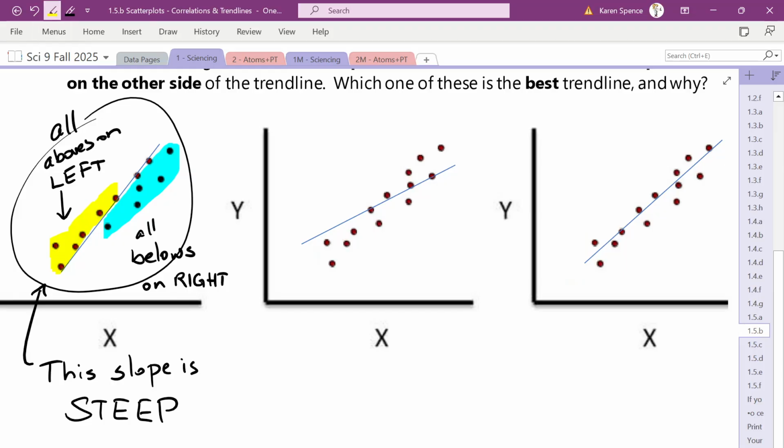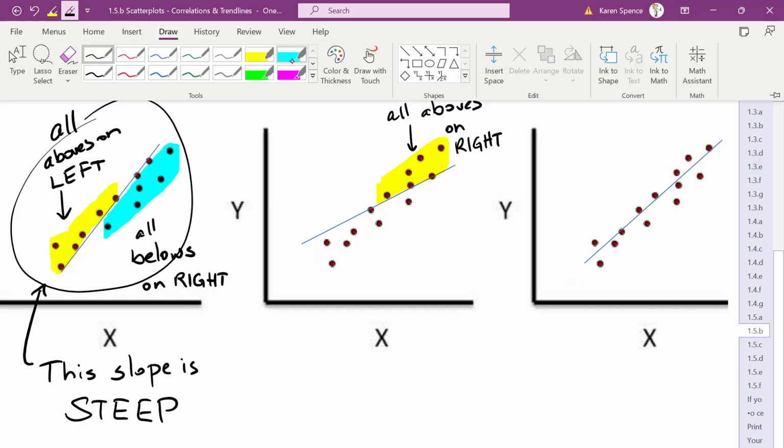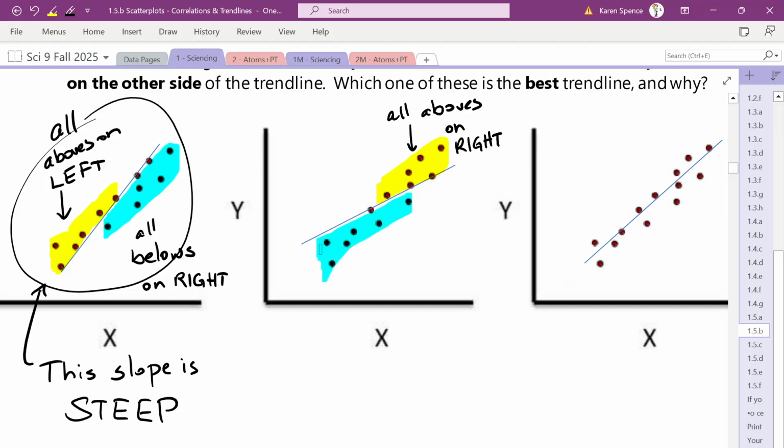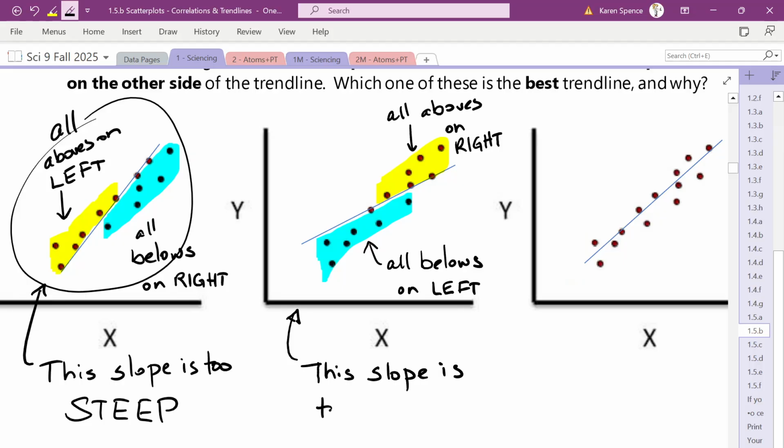Yeah, we've got all of the above points on the right, and we've got all the belows on the left. This slope is too shallow.